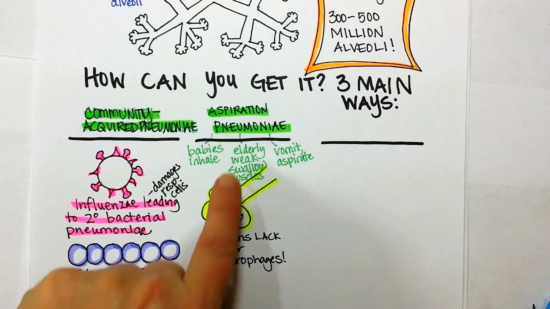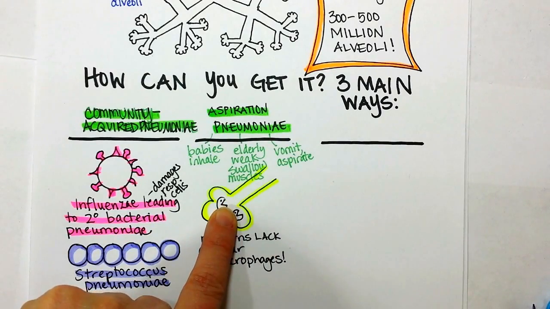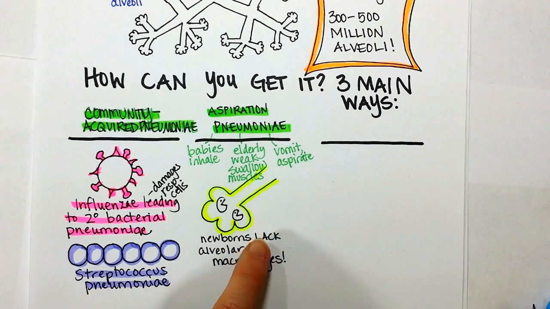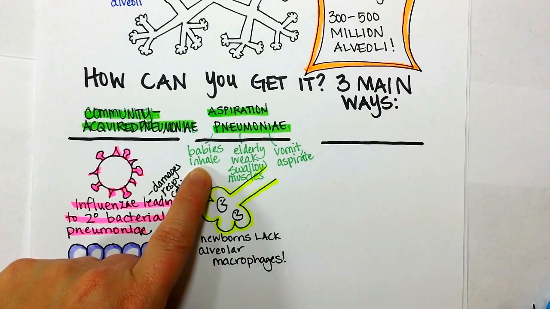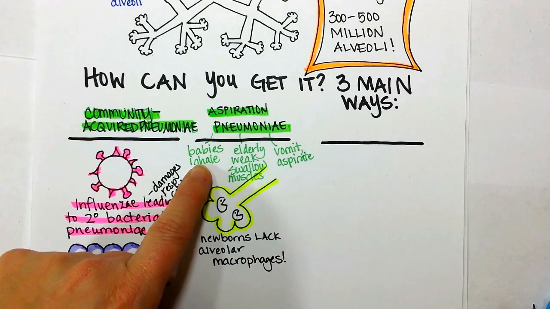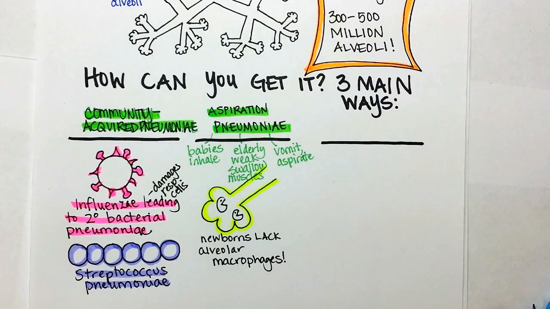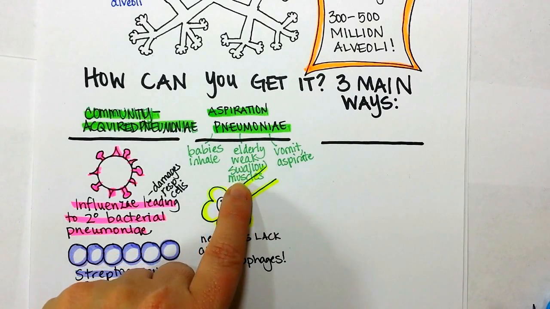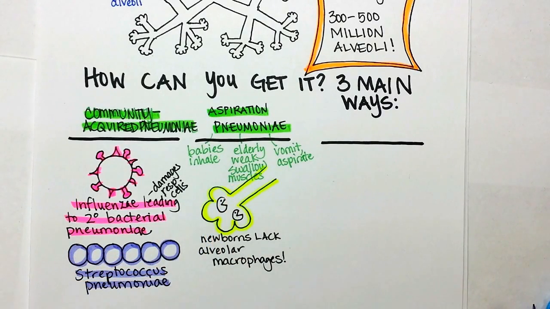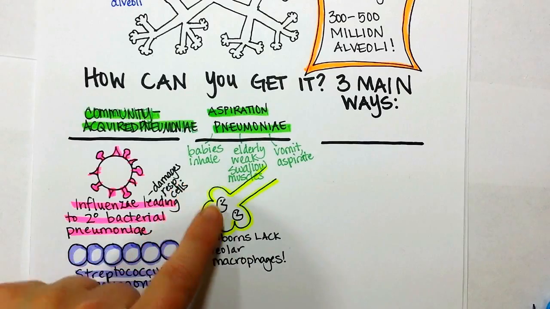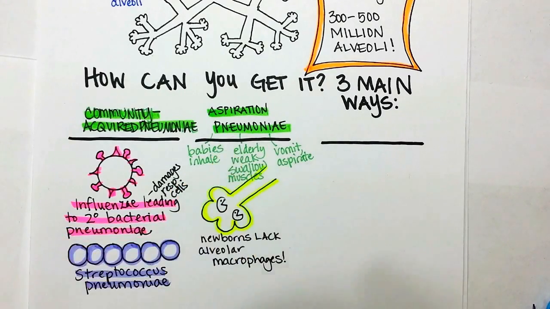But in this case, there's actually a foreign body that goes down into the lungs, and it could be a piece of food that a baby ate, or like I had mentioned, meconium from the amniotic fluid when the baby's being born. With elderly people, it could be even just a little bit of water, and then of course stomach contents if it's vomit that's aspirated. So newborns lacking their alveolar macrophages would be more commonly known to get aspiration pneumonia.